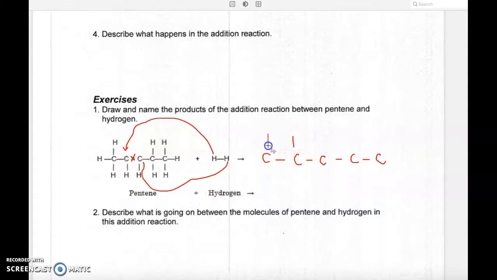Remember, my dashed lines represent hydrogens. I don't want to write all my hydrogens out, so I create dashed lines to represent them. All I need to remember is that my carbons can only bond 4 times, so they should only ever have 4 dashed lines going towards them. And this is what my compound would be. This would be a pentane instead of a pentene.